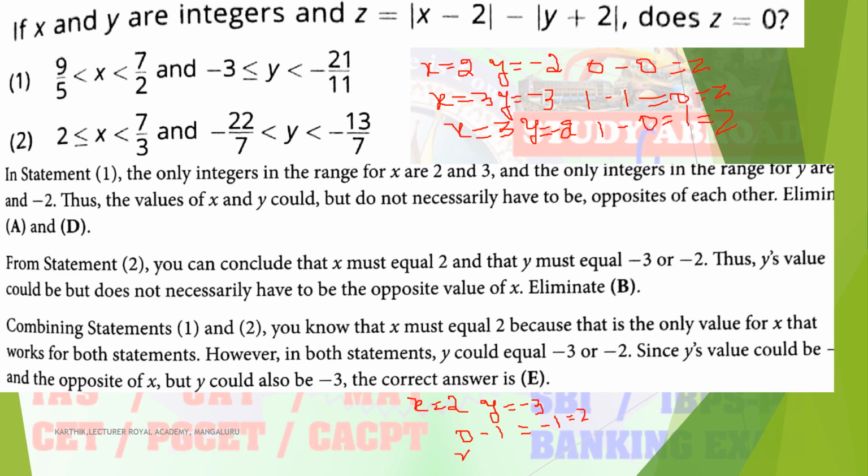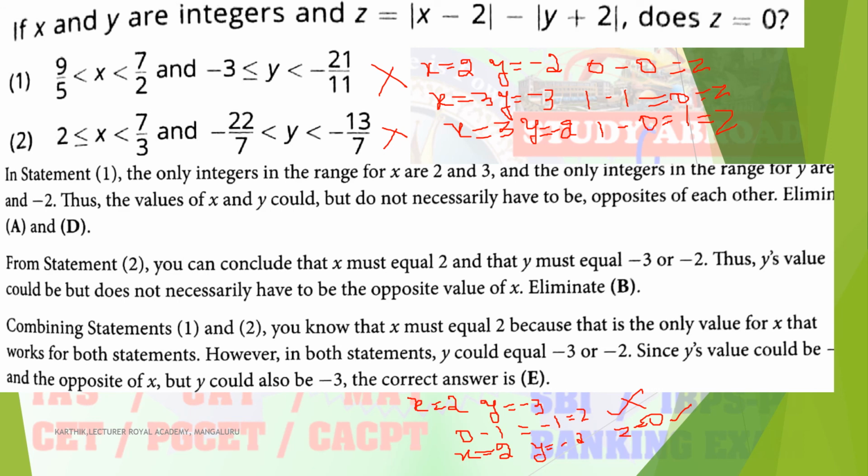Then x is equal to 2 and y is equal to minus 2. Here it is already done, you will get z is equal to 0. Two different answers you are getting. So it tells that from statement B alone you can't determine the answer. Statement A is also not possible, the second statement also is not possible.